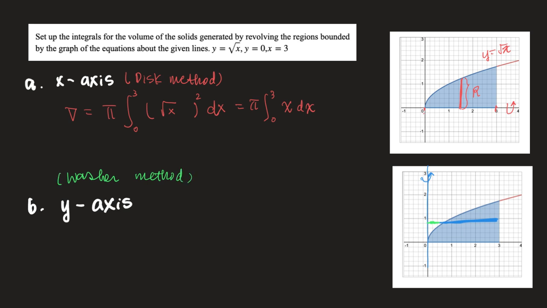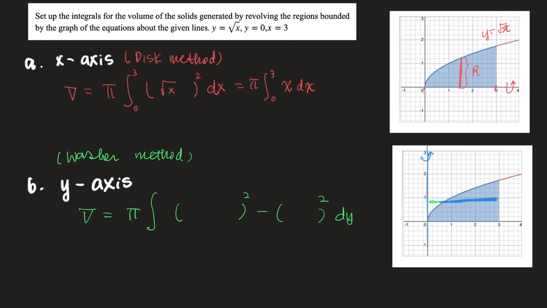Parallel to the y-axis, the volume is pi integral dy of the longer radius squared minus the shorter radius squared. That's the washer method, guys.